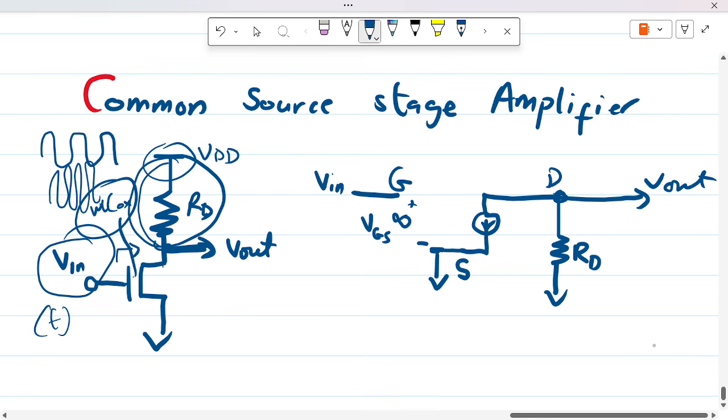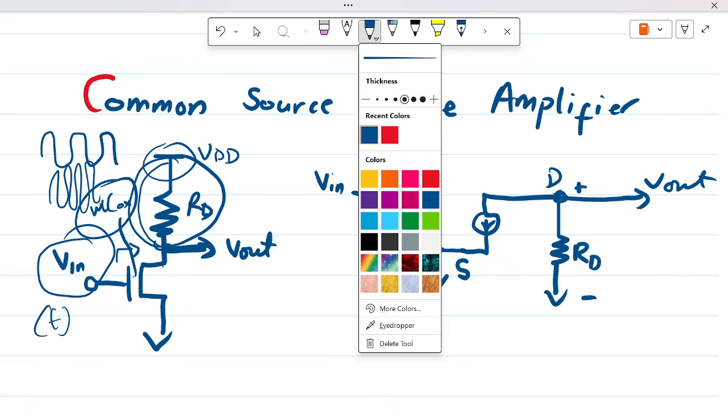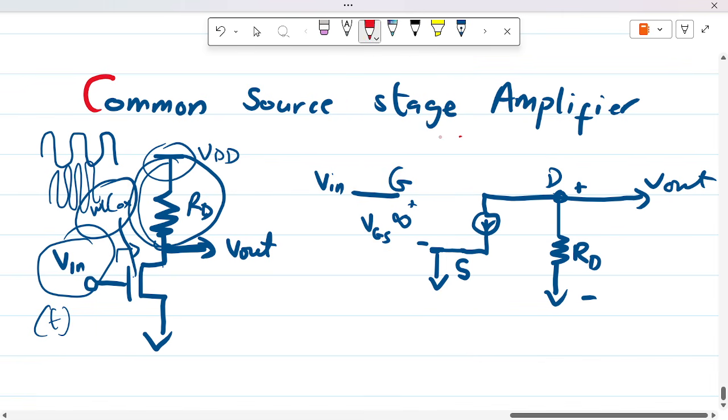The output voltage is taken at this point, positive with respect to the ground. And the current here should also be the transconductance of the device, depending on its bias conditions, times the VGS.